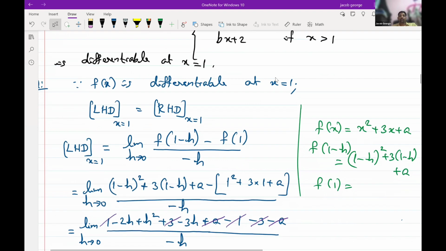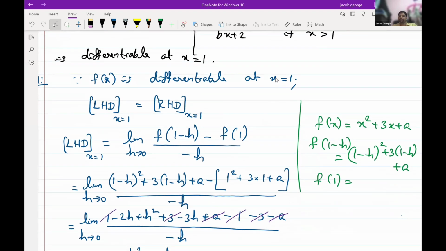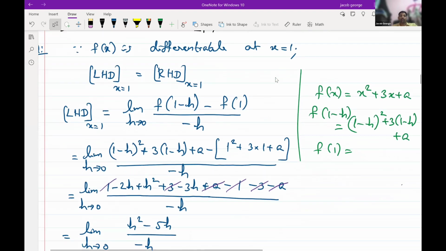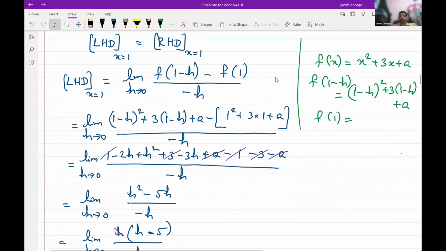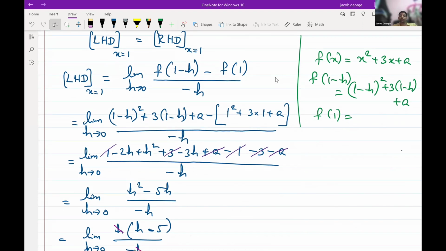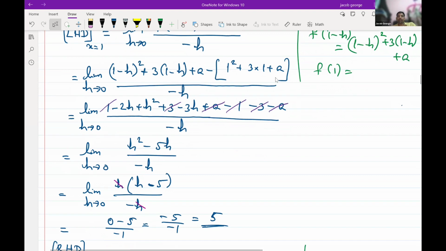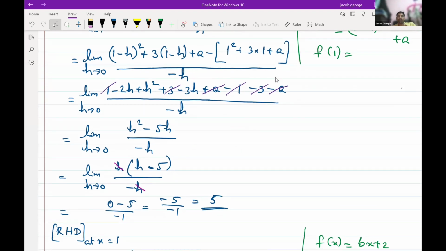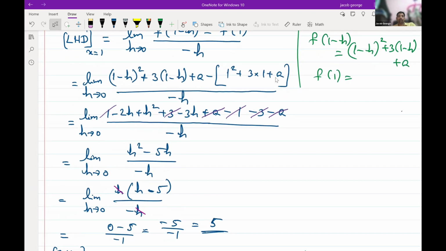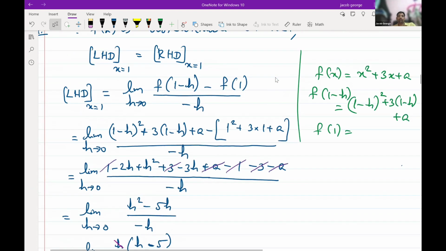Like this, in the left-hand side, we substitute and simplify it, and we get h square minus 5h. So limit h tends to 0, h square minus 5h by minus h, then h is taken outside and cancelled out, and we get minus 5 by minus 1, it is 5. This is the left-hand derivative. All of you understood this left-hand derivative calculation?